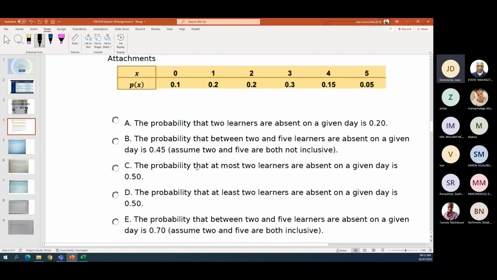But I've got one on Excel where we do expected value and standard deviation and things like that. I'll show you all just after this one how we can do that in Excel.